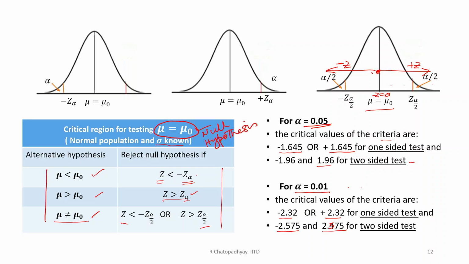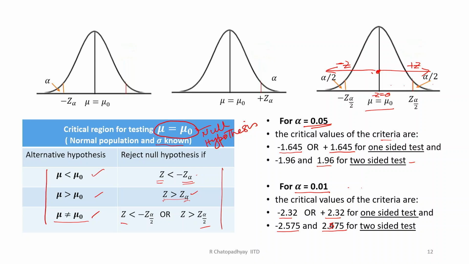What is stated here are the alternative hypotheses. Assuming in this case the population is normal and population standard deviation is known, because then only sigma by root n we can calculate. If sigma is not known, then we will not be able to calculate. That means population standard deviation is known.